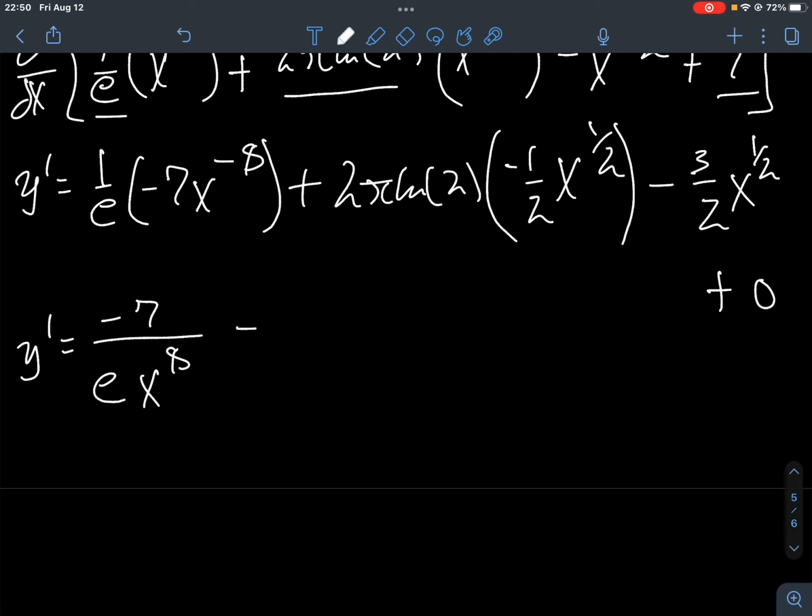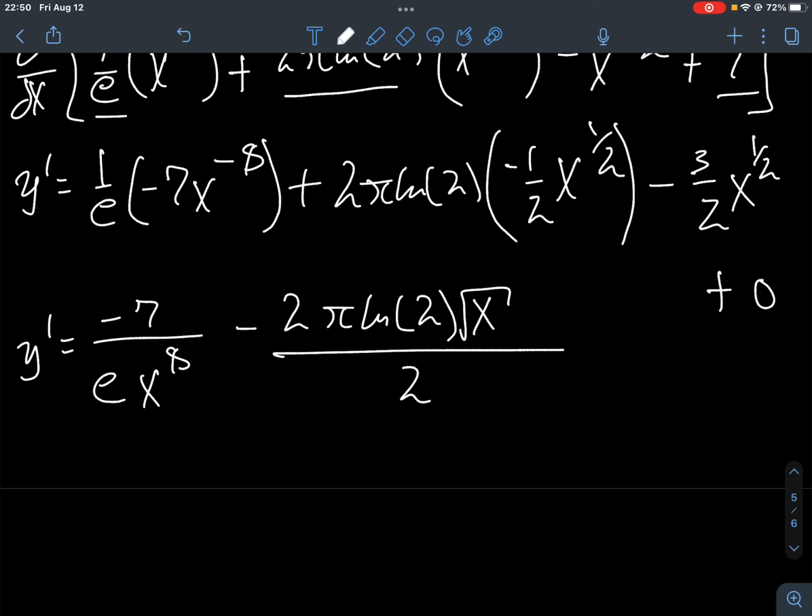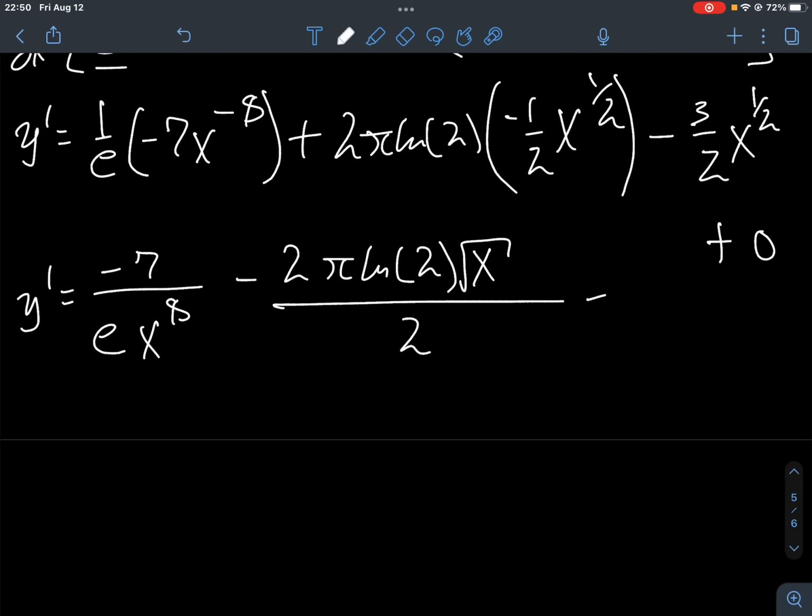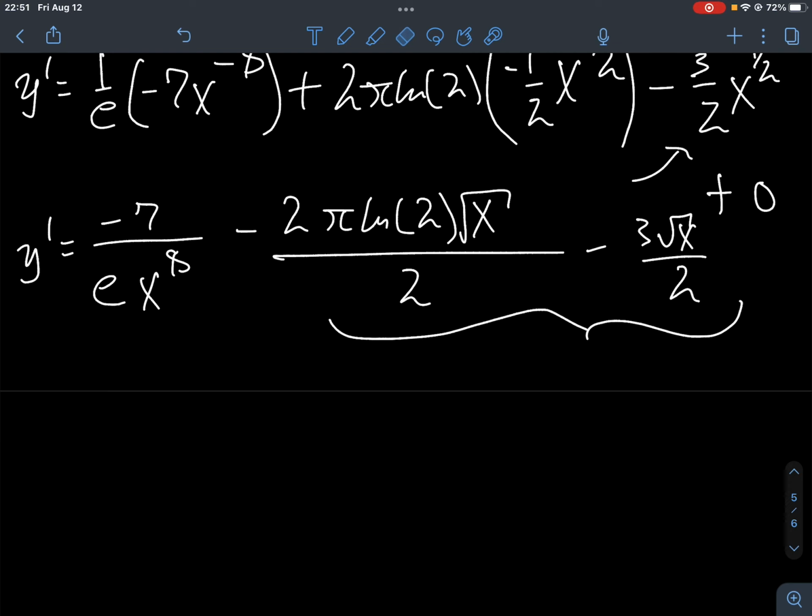So it'll be minus 2 pi ln of 2 x to the 1/2, which is just root x, over 2. And we move on to this part, which we're going to get minus 3 x to the 1/2 is just root x divided by 2. And that's our answer. And we can put these two together if we want, but we'll just leave it like this.